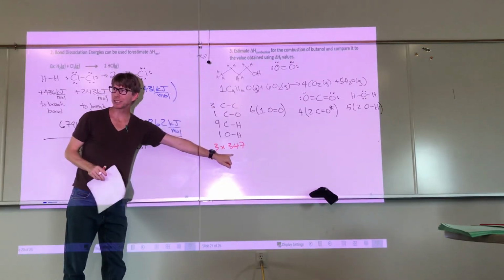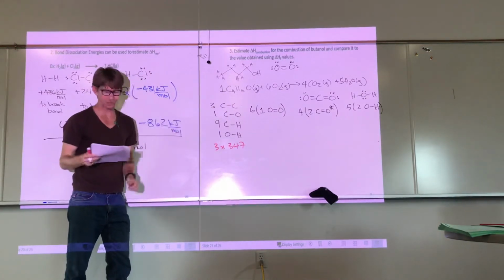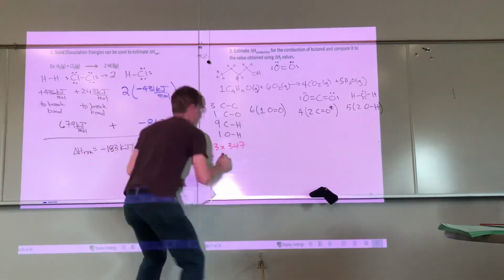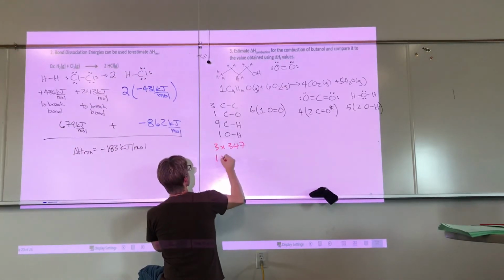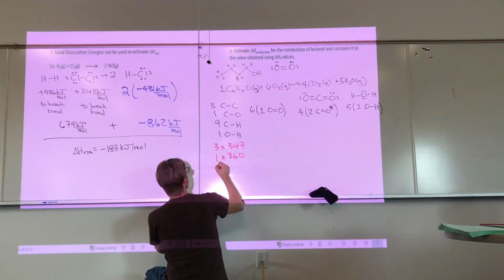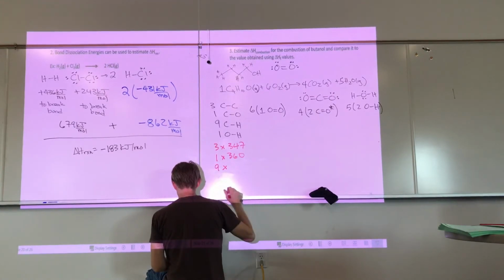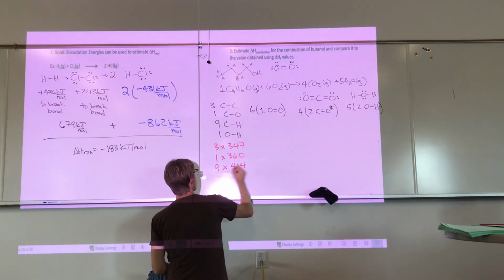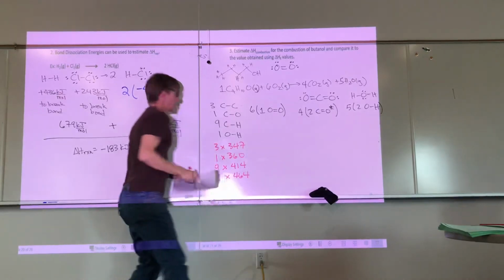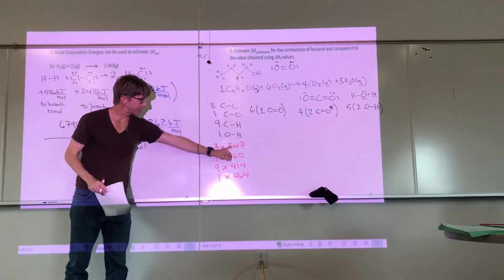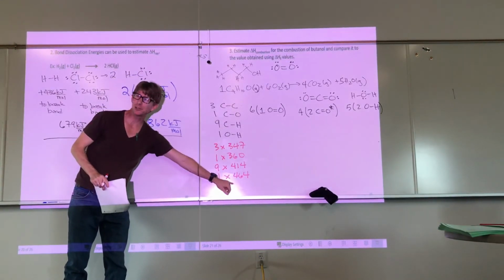Carbon-carbon is 347. Carbon-oxygen is 360. So all I did is I looked at the table for all these. This is how much energy in kilojoules per mole.